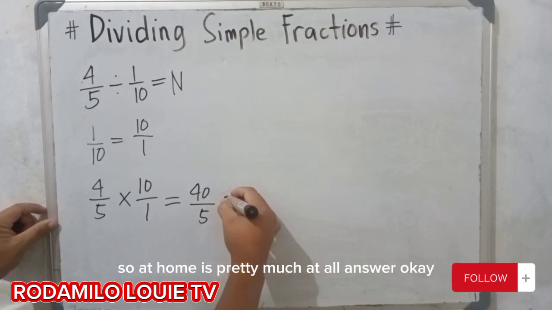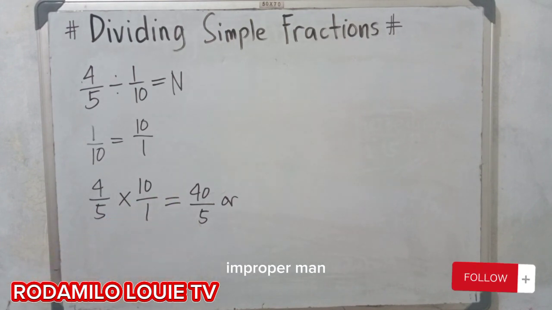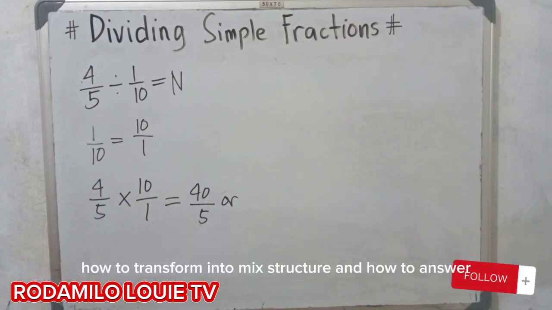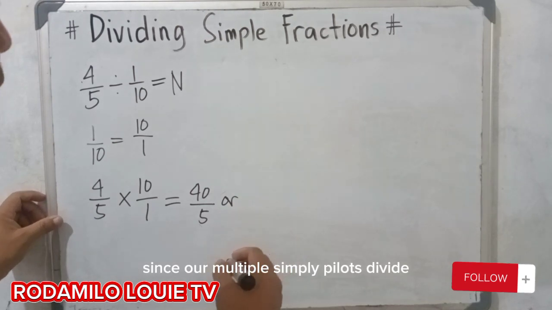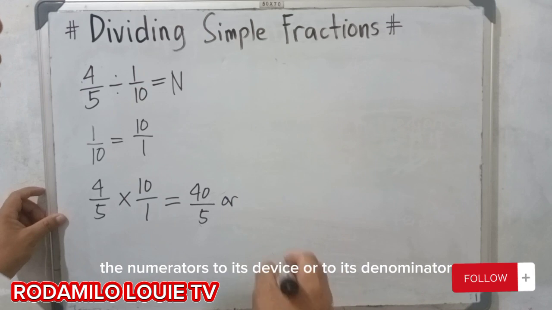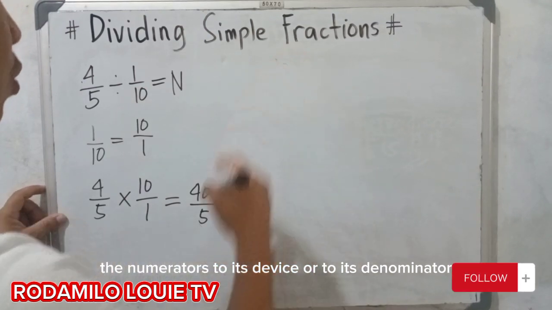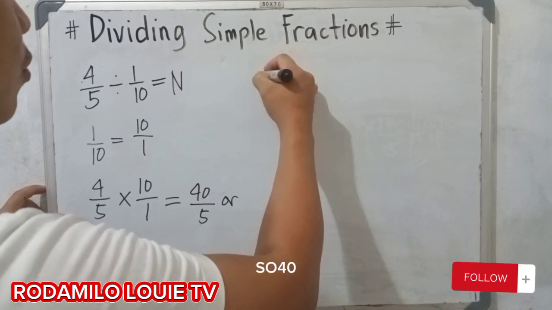So atong i-rename ang atong answer kay improper man. So dako ang numerator kaysa denominator. Atong i-transform into mixed fraction ang atong answer to simplify sa atong answer. So saan mo ito pag-simplify? Let's divide the numerator to its denominator.